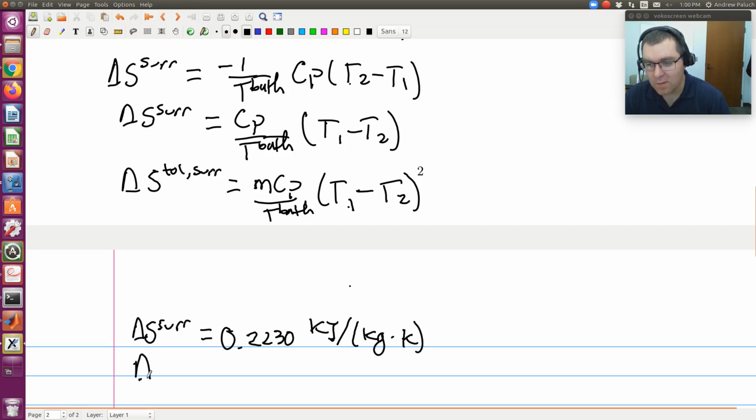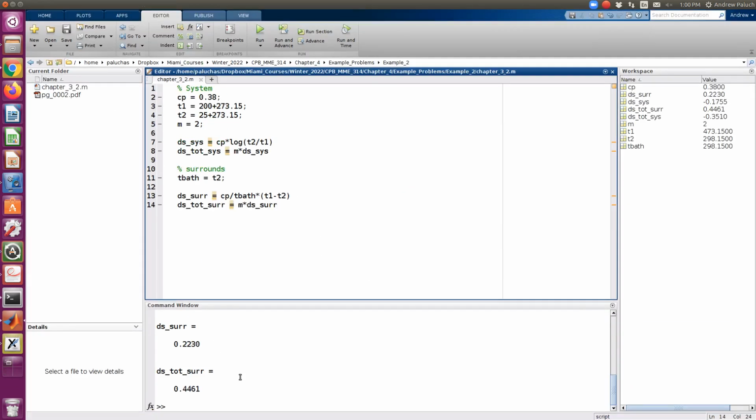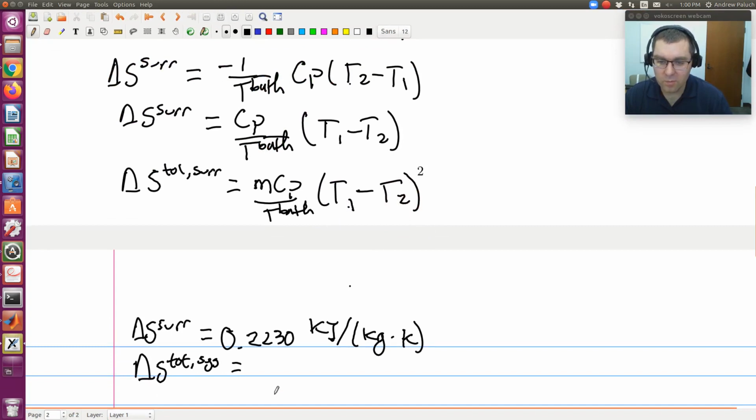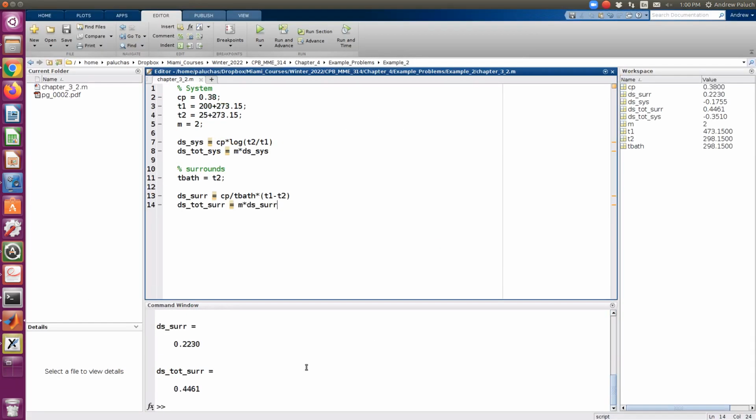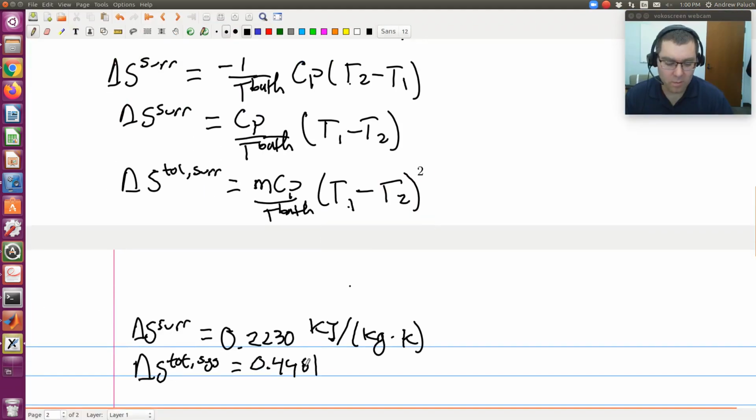And the extensive value would be 0.4461, and that is in kilojoules per Kelvin.